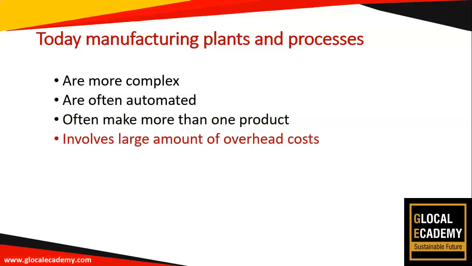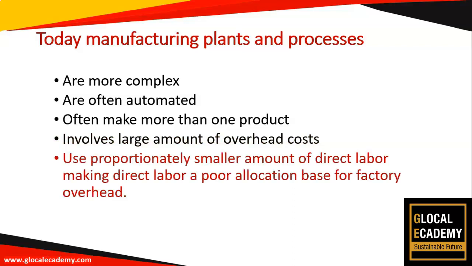As I told you, today manufacturing plants and processes involve a large amount of overhead cost. Definitely this automation and the focus on designing, marketing, research and development, and variety, all these end up in a huge amount of overhead costs which companies are incurring, which means that labor and material become a relatively small proportion as compared to the total overheads.